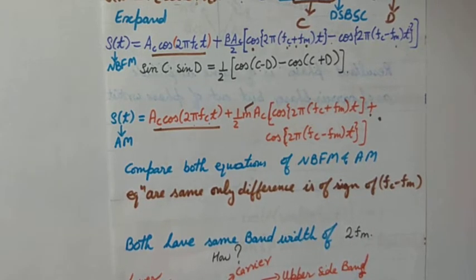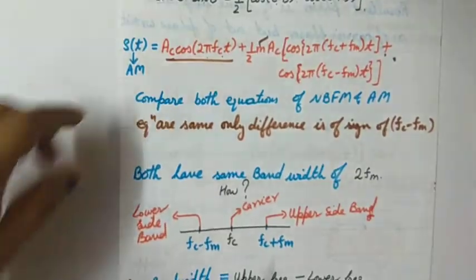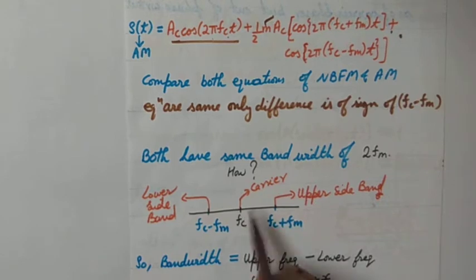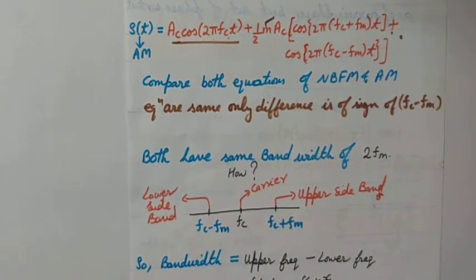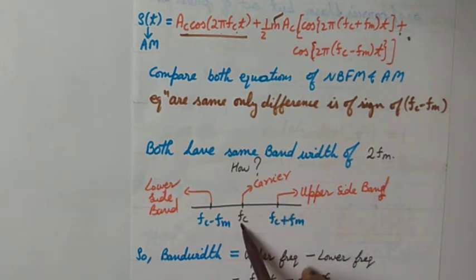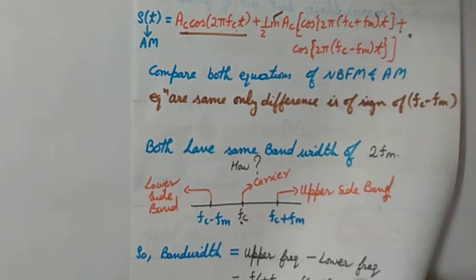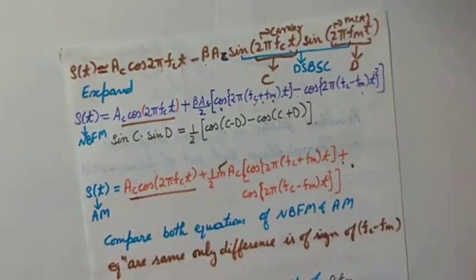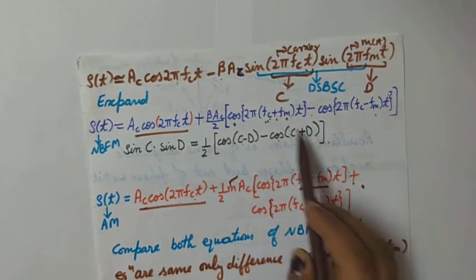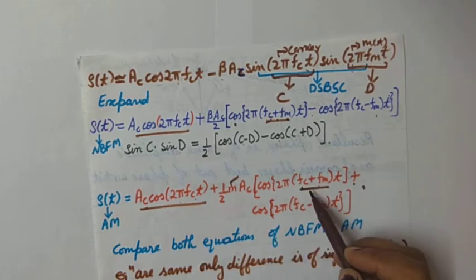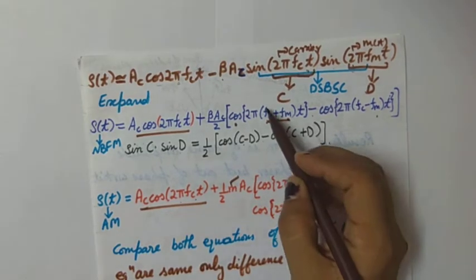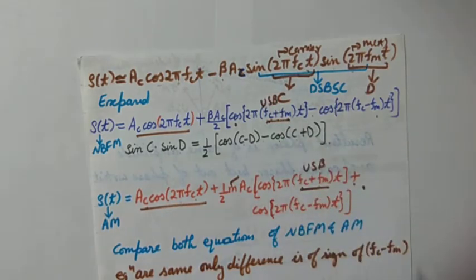Now if we discuss the bandwidth, we have the carrier in between. If we try to plot both the AM and FM, it is nearly the same. FC is your carrier, and we have two frequencies. One is FC plus FM, higher than FC, so we'll call FC plus FM the upper sideband, because it is higher than FC.